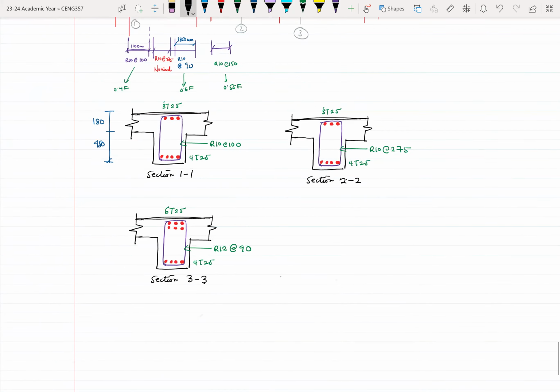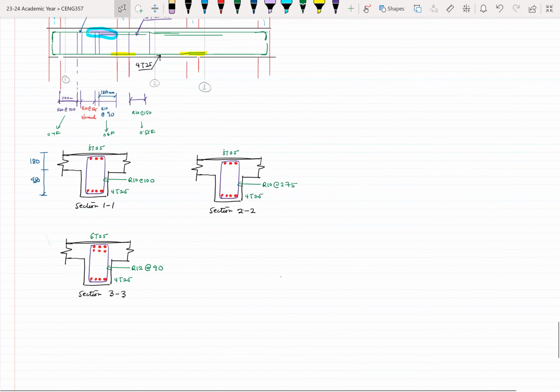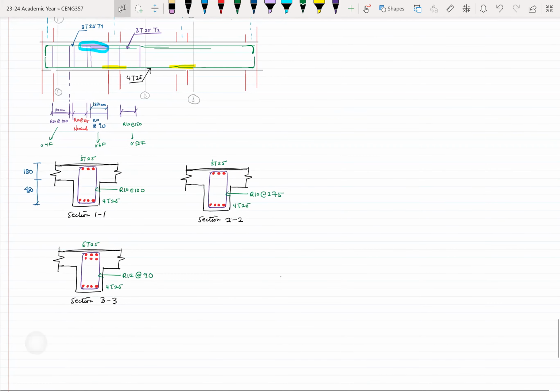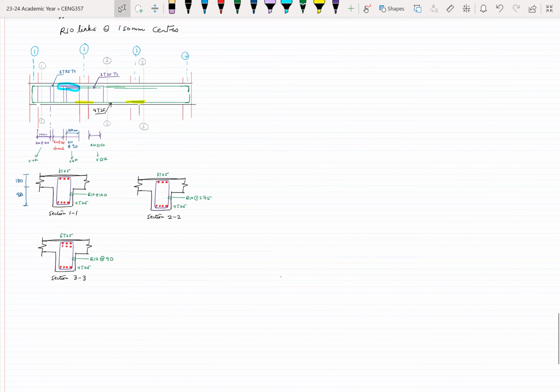So I think this should explain pretty much what we have been looking at, in terms of understanding the beam design. If you remember, I think it's second year first semester, when we were dealing with CNG 261 and you were drawing with AutoCAD the detailing of beams and slabs and all of that.